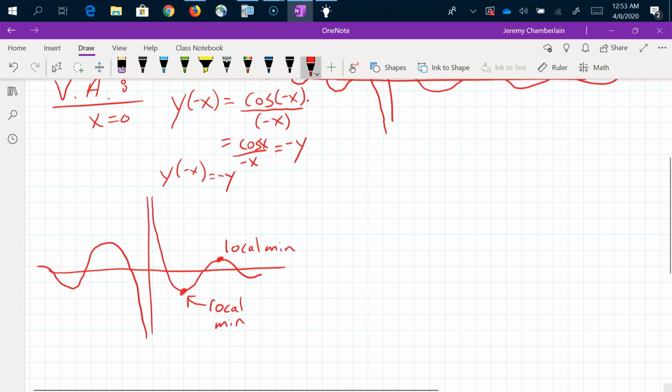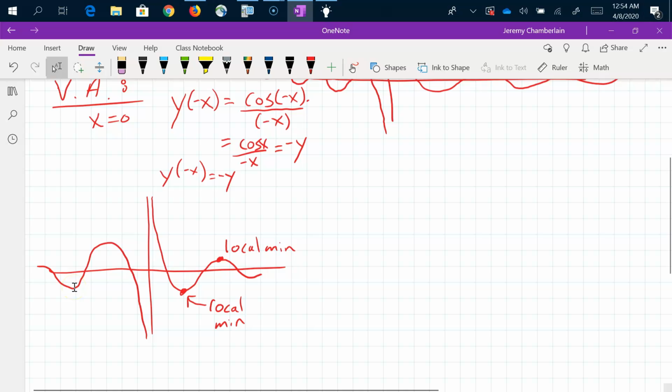And because of the odd symmetry, if I know the coordinates here, then I'll just literally change the sign on both the x coordinate and the y coordinate, and that'll give me a local maximum over here. And this local minimum over here, if I change the sign of the x position and the y position, that will give me a local minimum over here.